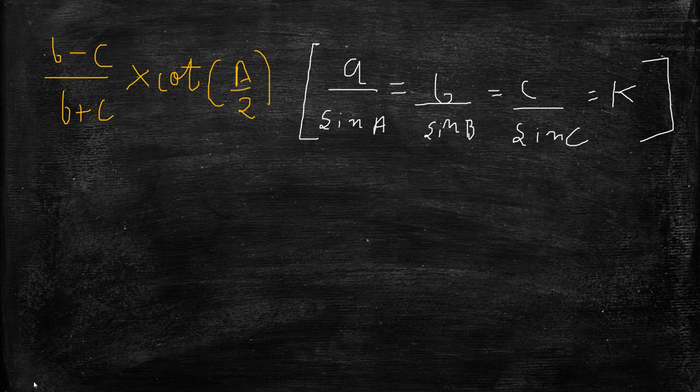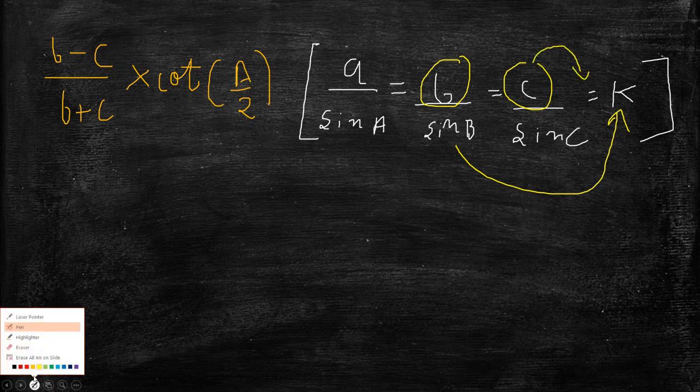So what will my small b be? My small b will be k sin B, and my small c will be k sin C. So I can substitute the values of small b and small c here.